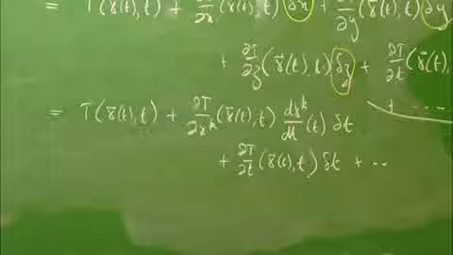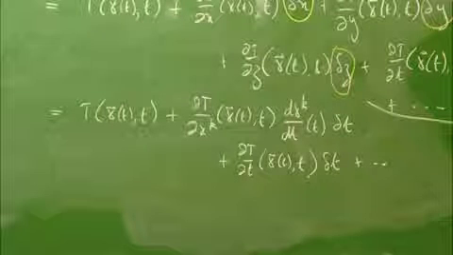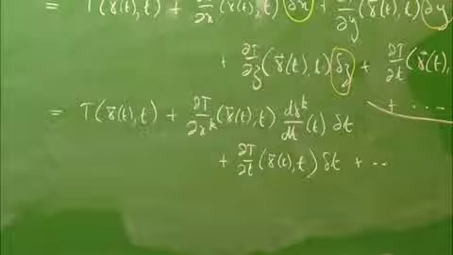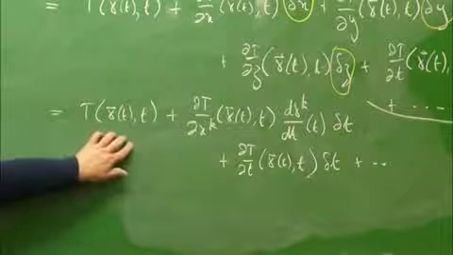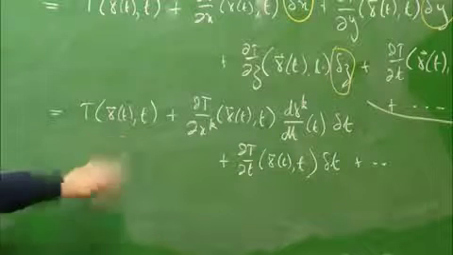And to work out the rate of change, I need the temperature measured at time t plus delta t. Here it is, left-hand side, minus the temperature measured at time t. Well, here it is, it's on the right-hand side.